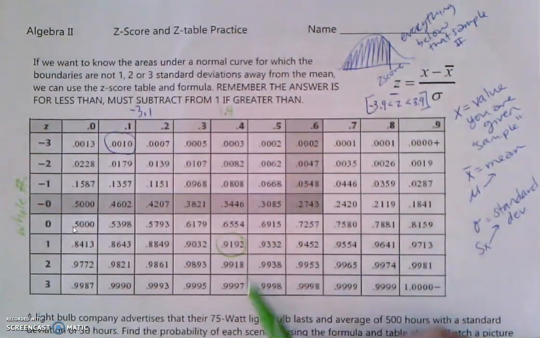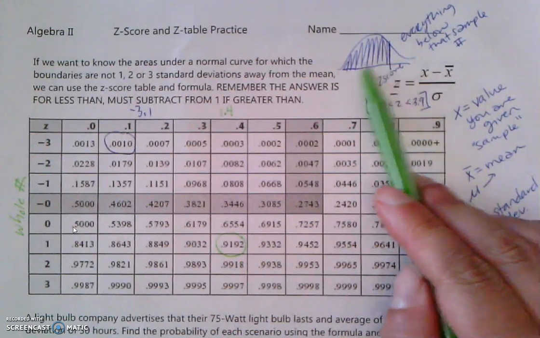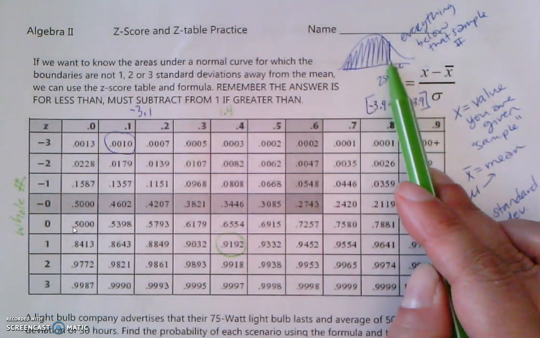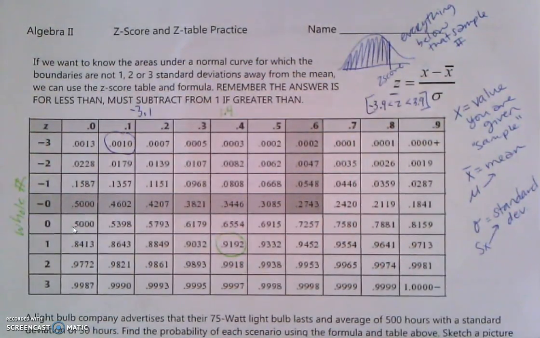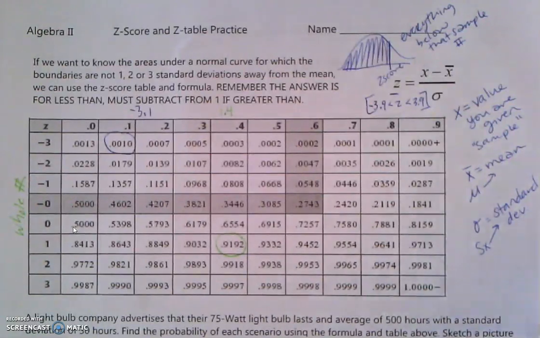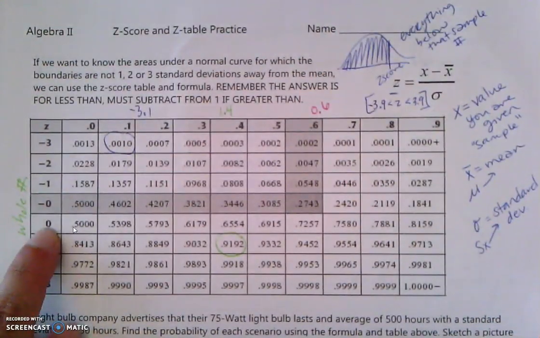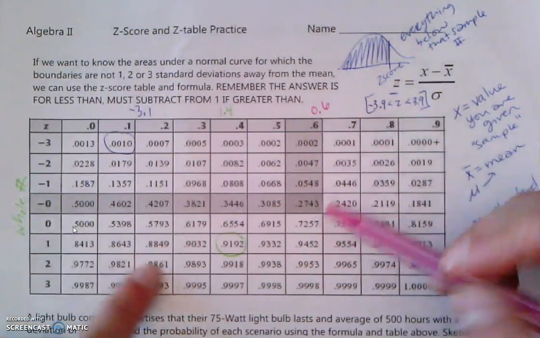Okay, and this decimal represents the decimal for the percentage of all the numbers less than that z-score. Okay, it's always less. For example, the number 0.6. Okay, we would go to 0, we would go to 0.6.